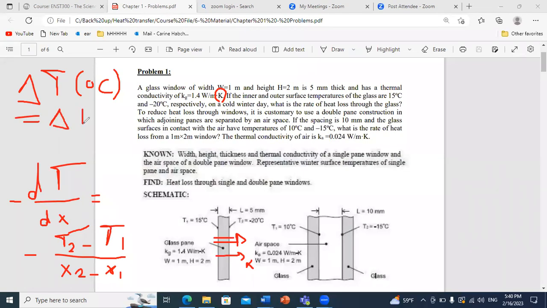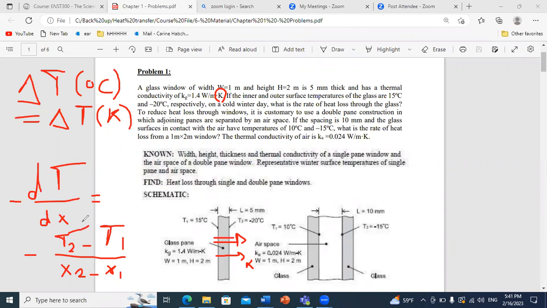That's why delta T in degrees and delta T in Kelvin are equivalent. But please pay attention: whenever you compute radiation, radiation is proportional to T to the power 4. You cannot keep the temperatures in degrees. You should convert them to Kelvin to calculate the radiation flux.